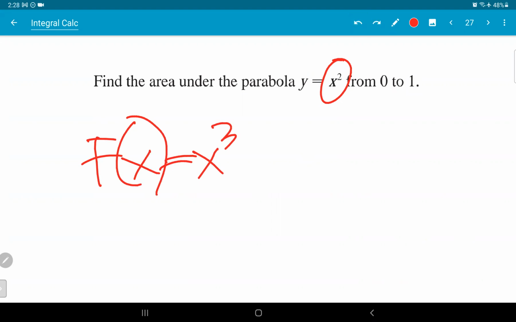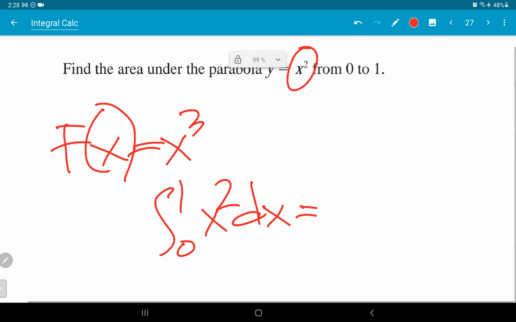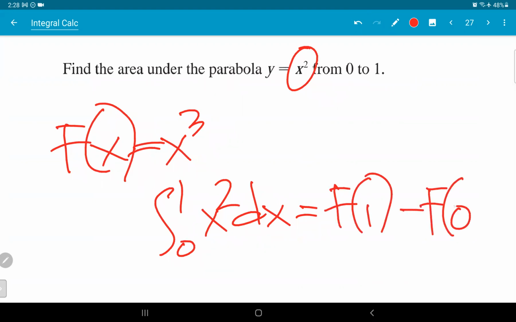So that will be, using the notation, the definite integral from 0 to 1 of x squared. And then we will evaluate capital F of 1 minus capital F of 0, using the antiderivative x cubed over 3.